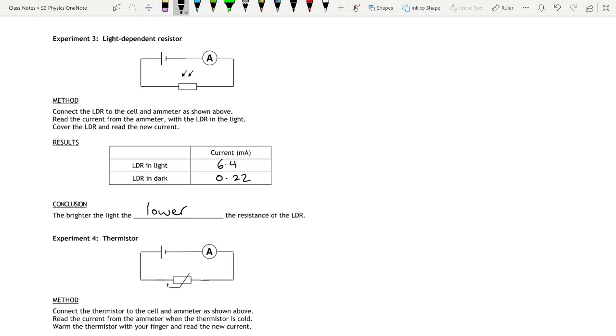Now, to remember that, this is a light-dependent resistor, so it's very specific to the actual component. To remember it, light up, resistance down. You'll come across these again when you do electricity 3, but light-dependent resistors, when light goes up, the resistance goes down. Okay?